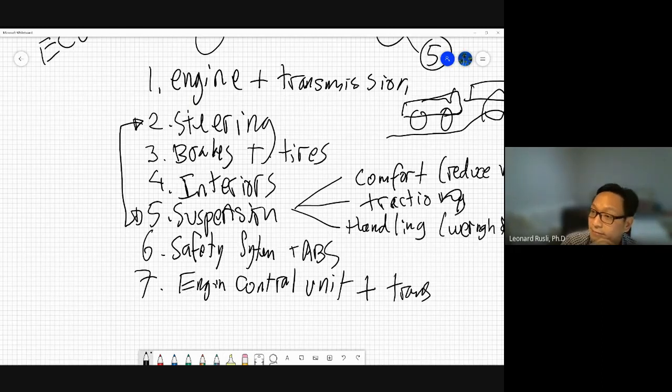Right? Lalu ada accessories, all the electricals, right? Engine electricals, all the sensors is as crucial. Hari gini kalau sensor kalian broken, the engine simply doesn't work.